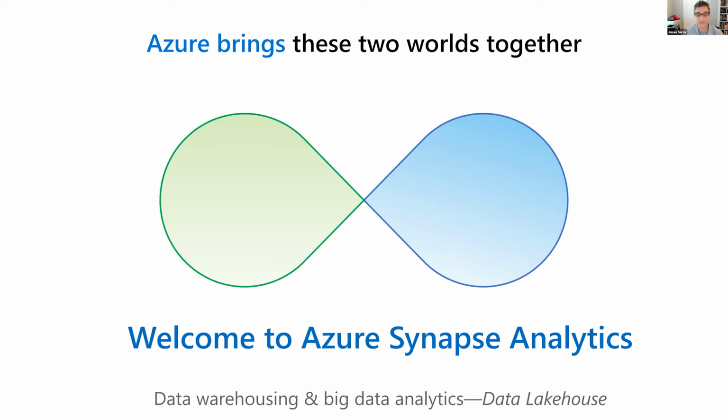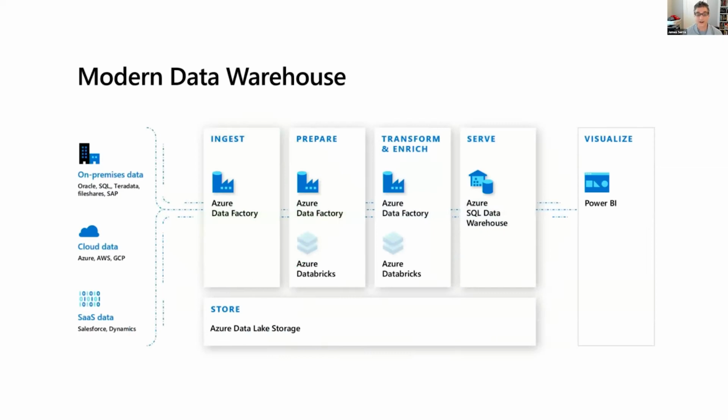So if we look at this at a high level, if you're familiar with Azure, Microsoft has a number of products that work when you're looking at building a modern data warehouse. Things like Azure Data Factory and Databricks, and then previously SQL Data Warehouse, which was just a relational database, and then Power BI and data lake storage. And it was a little complex because you'd have to jump to all these different tools, and there was no single pane of glass.